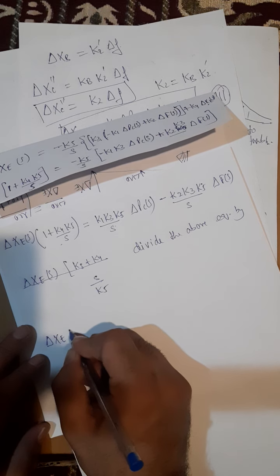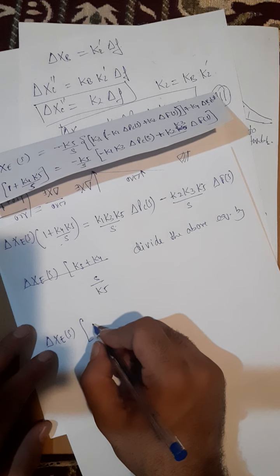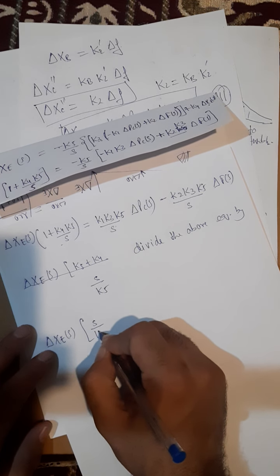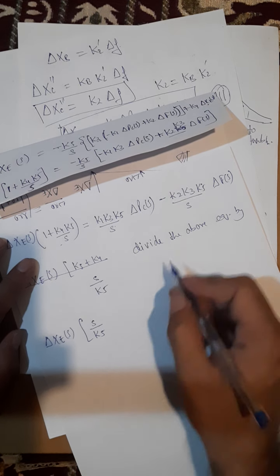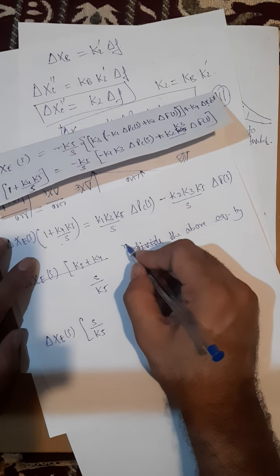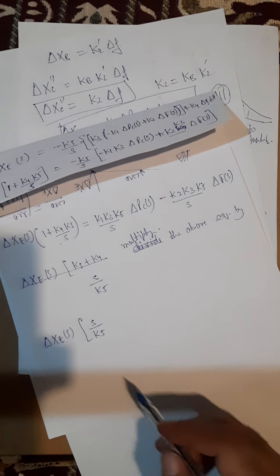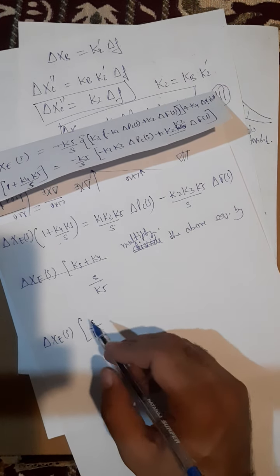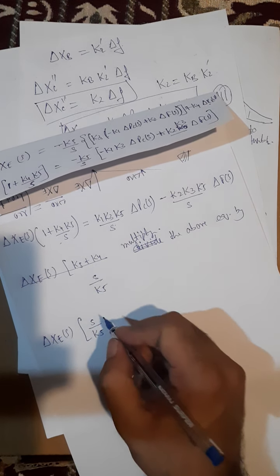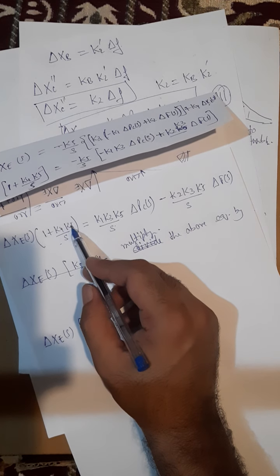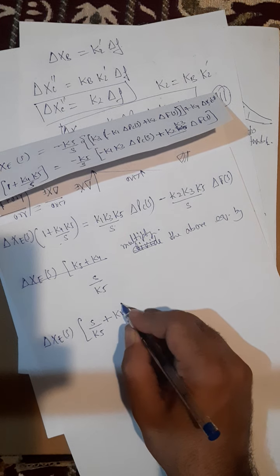Not dividing, multiplying the whole equation by S by K5. What am I left with? If I multiply 1 by S by K5, it will be S by K5. Multiplying this equation by S by K5, S will cancel and K5 will cancel, and I am left with K4.